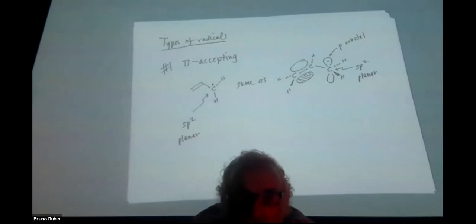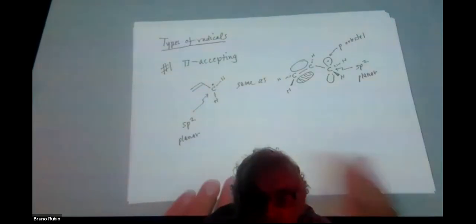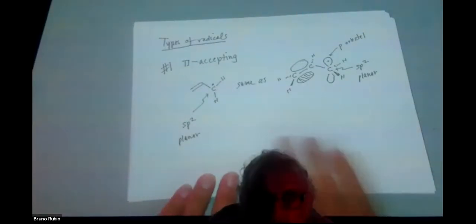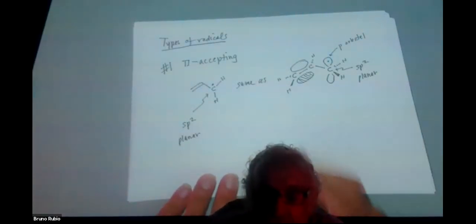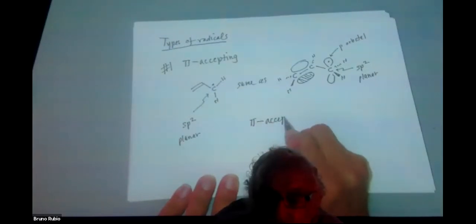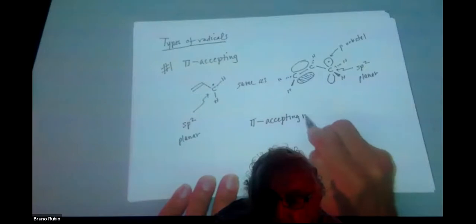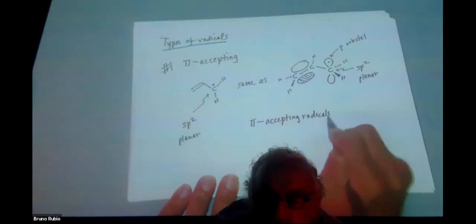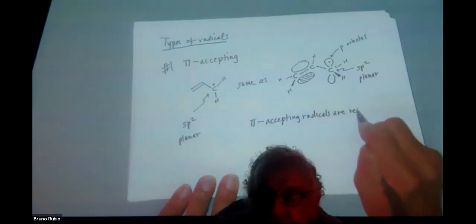And we'll talk about why it's called pi accepting in more detail in a minute, but let me just tell you right now that pi accepting radicals are resonance stabilized.